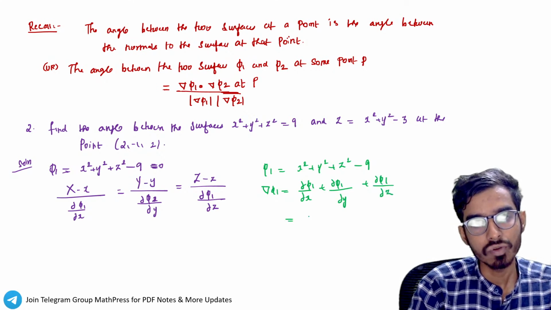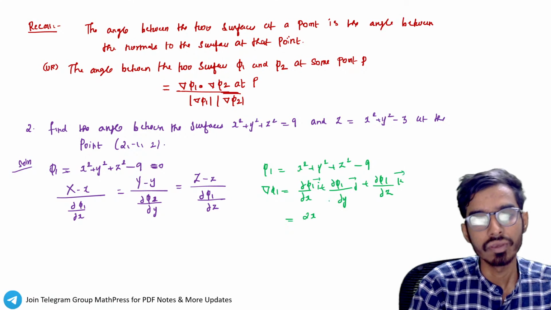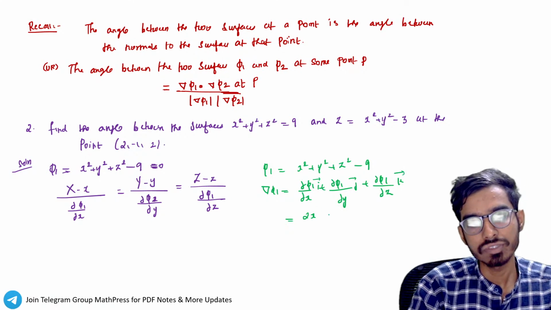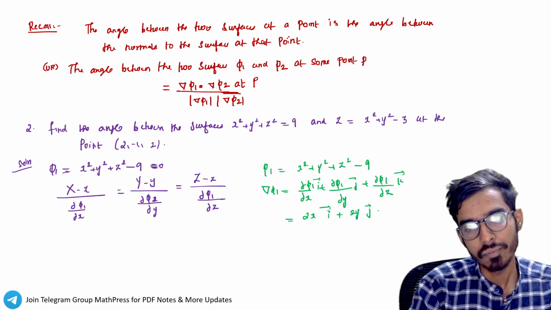You differentiate with respect to x, so we have 2x i vector, with respect to y, 2y j vector, plus 2z k vector.